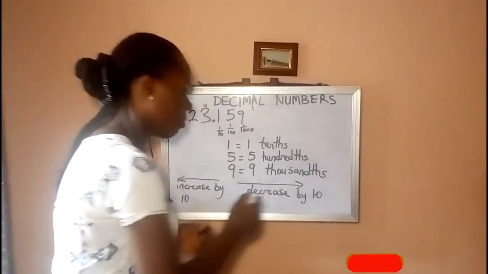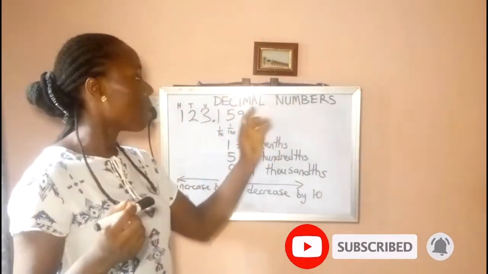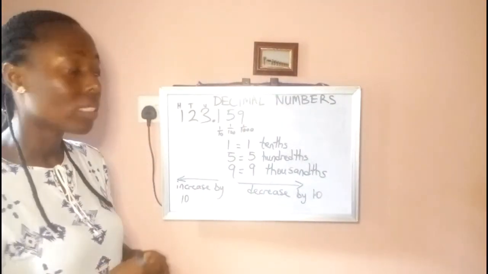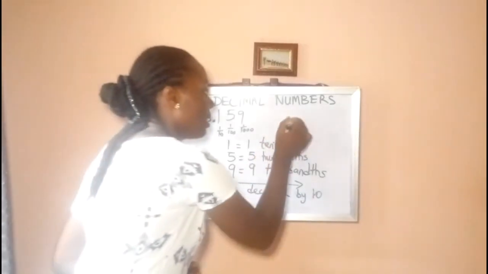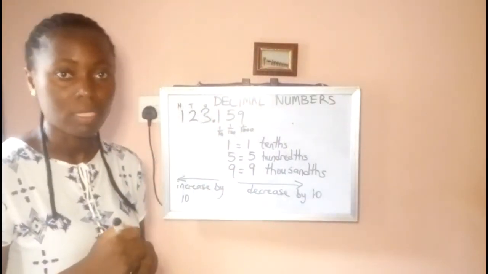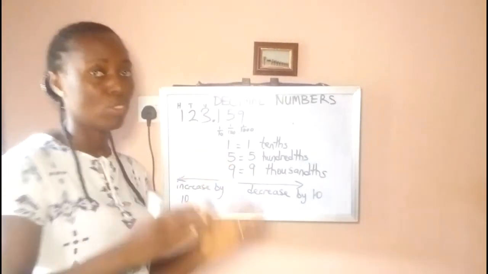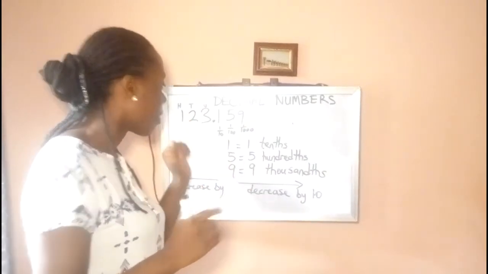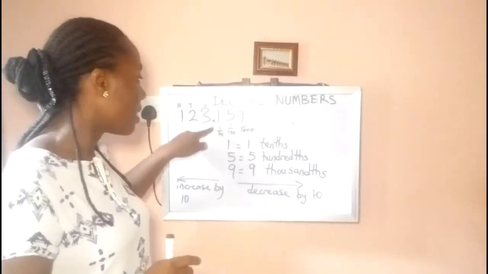Alright? Now, before I leave, let's do a little recap. We're talking about decimal numbers, and what simply makes a number a decimal number is the decimal point. Decimal numbers exist between two whole numbers. Now, this number, for example, you've been able to see that this is a decimal number. Why?